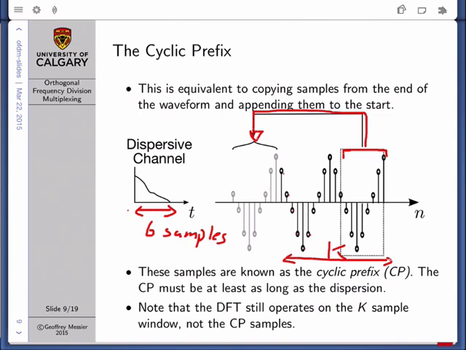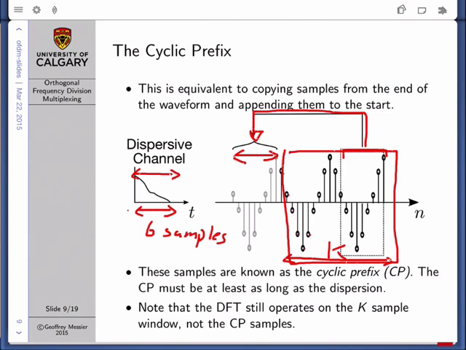And as long as the width of this copy is greater than the width of our dispersive channel, then all of the samples in our K-sample DFT window will experience basically the same dispersion and will be robust to intersymbol interference in exactly the same way as a continuous time sinusoid. And these samples are known as the cyclic prefix. Cyclic because we take the samples from the end and wrap them around to the beginning, and prefix, of course, because it's put at the beginning and not at the end.